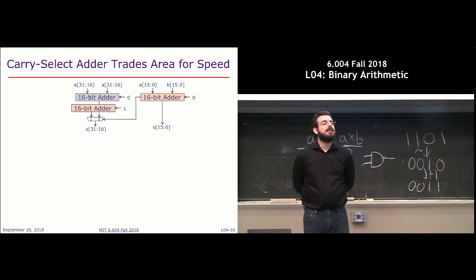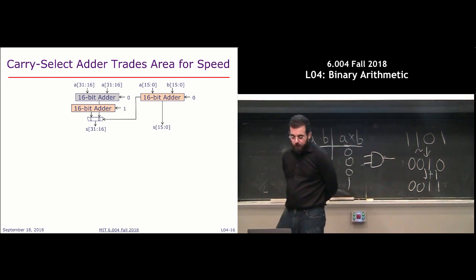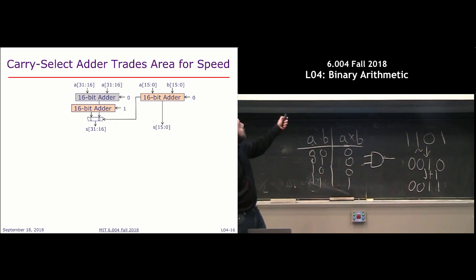Okay, so let's try to build a faster adder in a very simple way. So what I'm going to say is, look, your carry can be 0 or 1. So why don't we chop up the adder at its midpoint? If we want to add 32-bit numbers, we're going to have a single adder for the low half of the addition, for the low 16 bits. And then we're going to have 2 adders for the upper 16 bits.